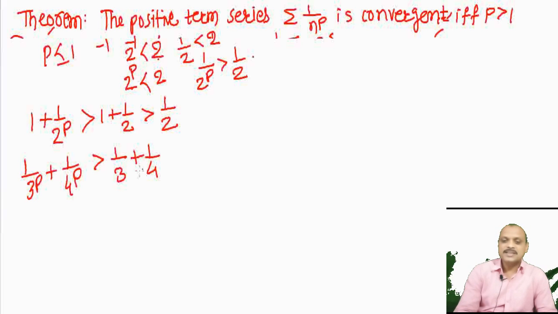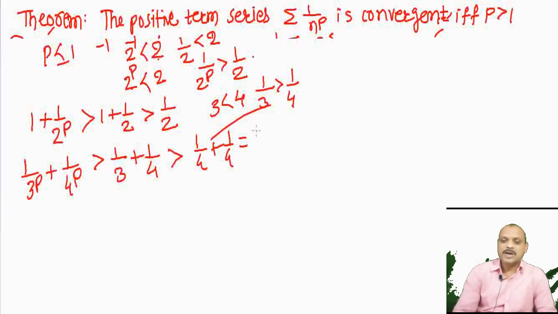As 3 is less than 4, 1 by 3 is greater than 1 by 4. So we take the smallest term, 1 by 4 plus 1 by 4, that will be 2 by 4, and 2 by 4 is equal to 1 by 2.